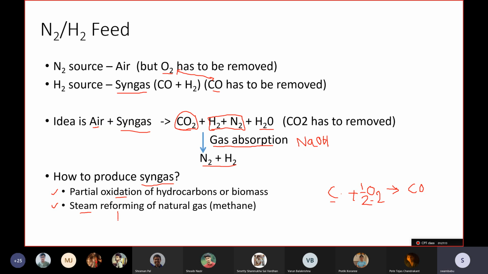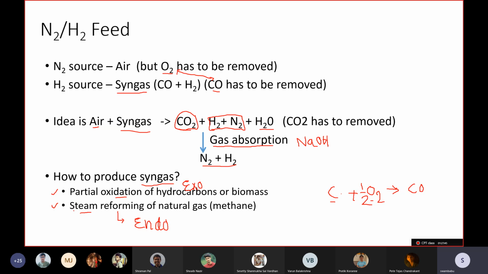Steam reforming is an endothermic reaction, whereas oxidation is an exothermic reaction. But the quality of syngas, where we get more hydrogen, is possible in steam reforming.